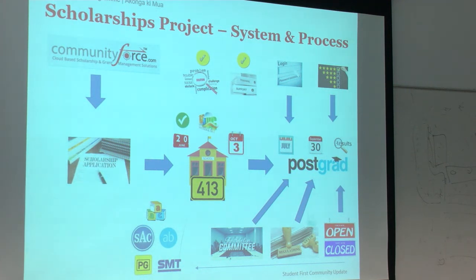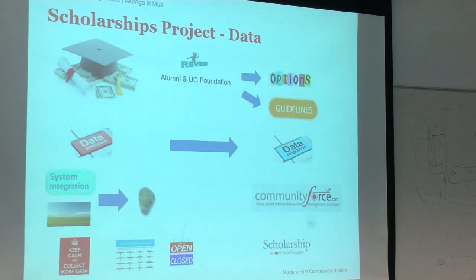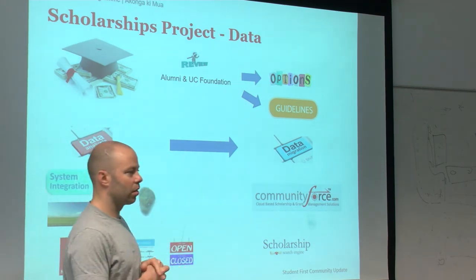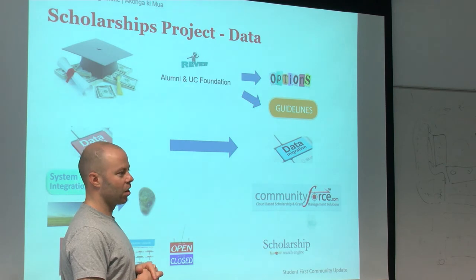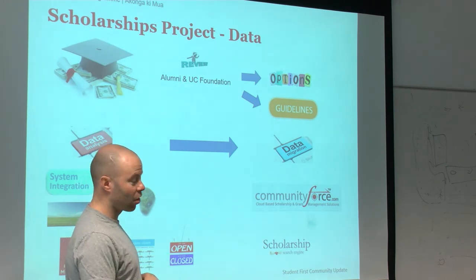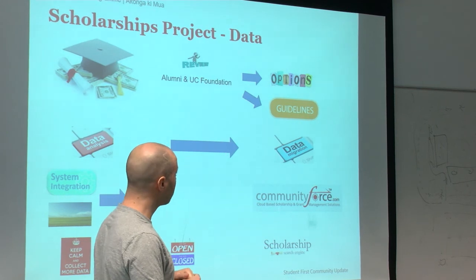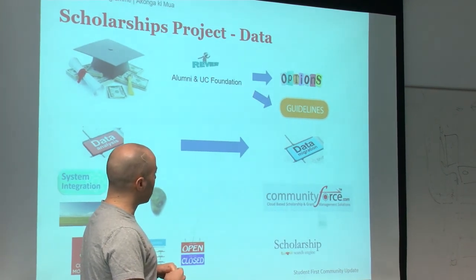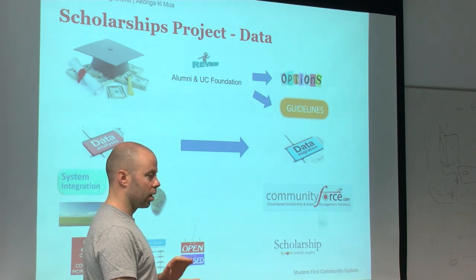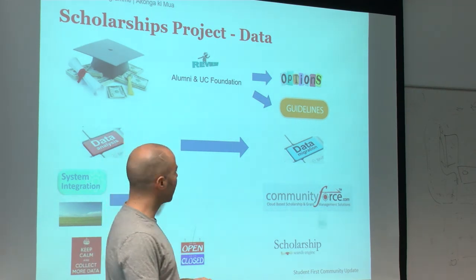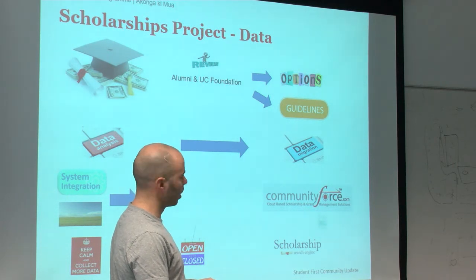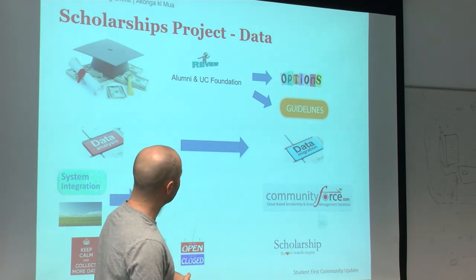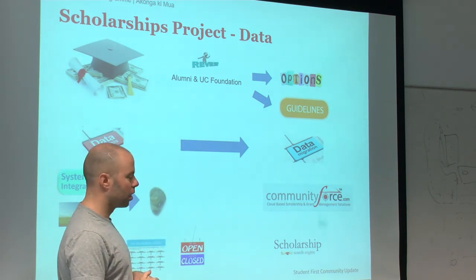So that's one part of it, and the other part is the data. I don't know if you remember, but last time I threw out a few facts and figures around the number of scholarships that were under a certain monetary value, and also the costs of actually maintaining those. We've had a few discussions with alumni and UCs, that's Joe Dowling and others, and Joe's very kindly taken a few examples and we'll put them through the pilot.